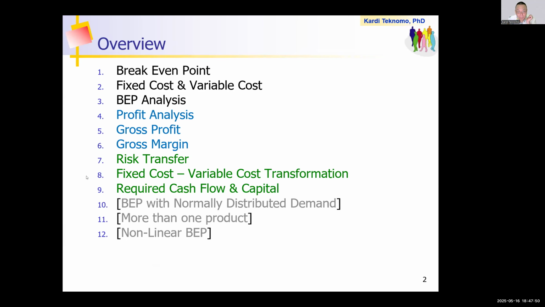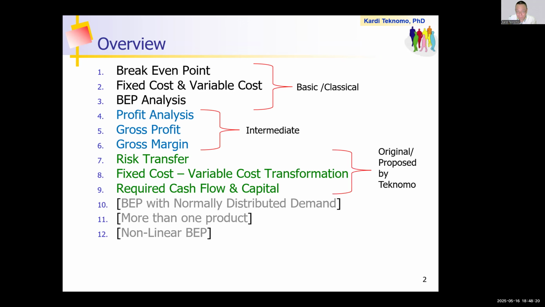So the basic part is this one, 1, 2, 3. This is the classical PEP that you can learn in any other website or any other books. And this is the intermediate, usually in economic books, where we discuss profit analysis, gross profit, gross margin, and so on. And this part is my own proposal: using PEP, we can also think in terms of risk transfer, from employee to employer, and vice versa.